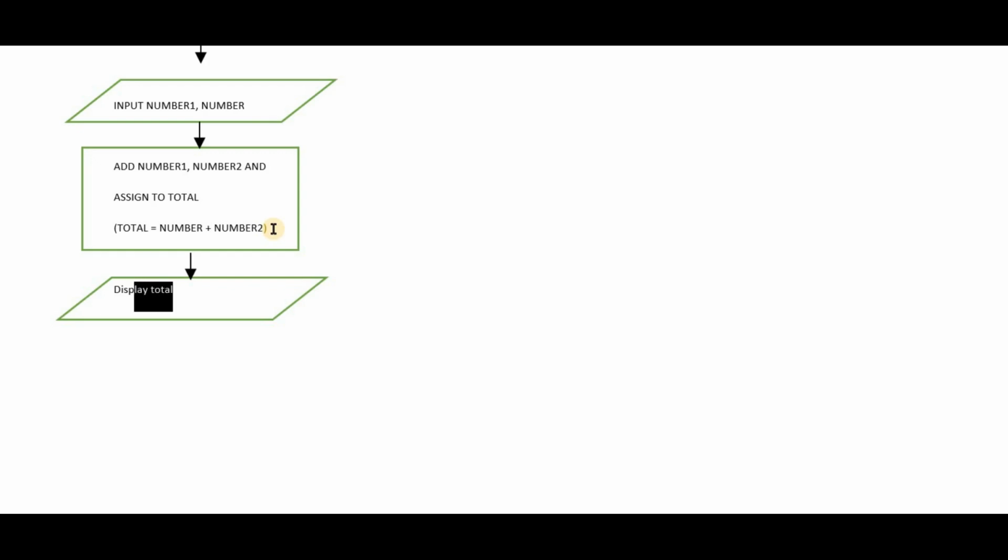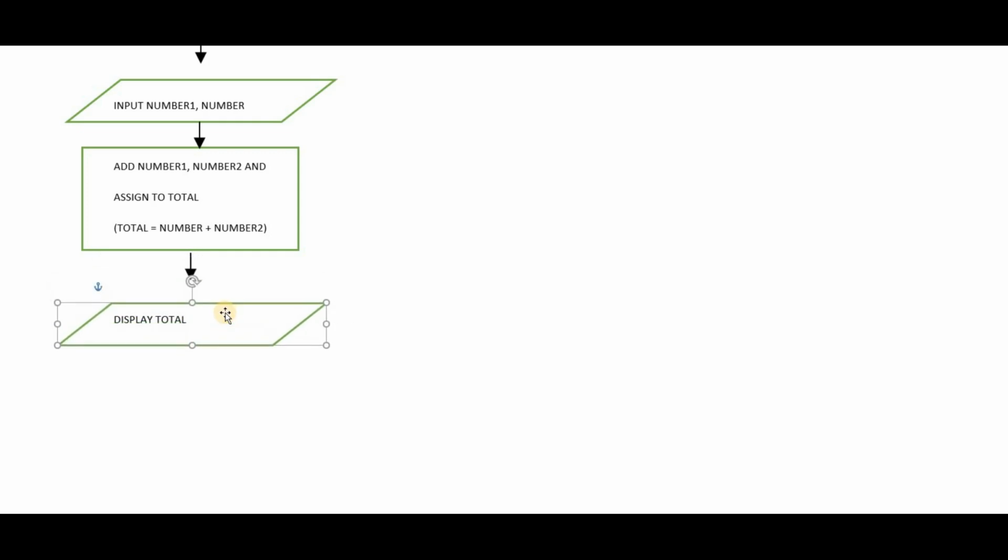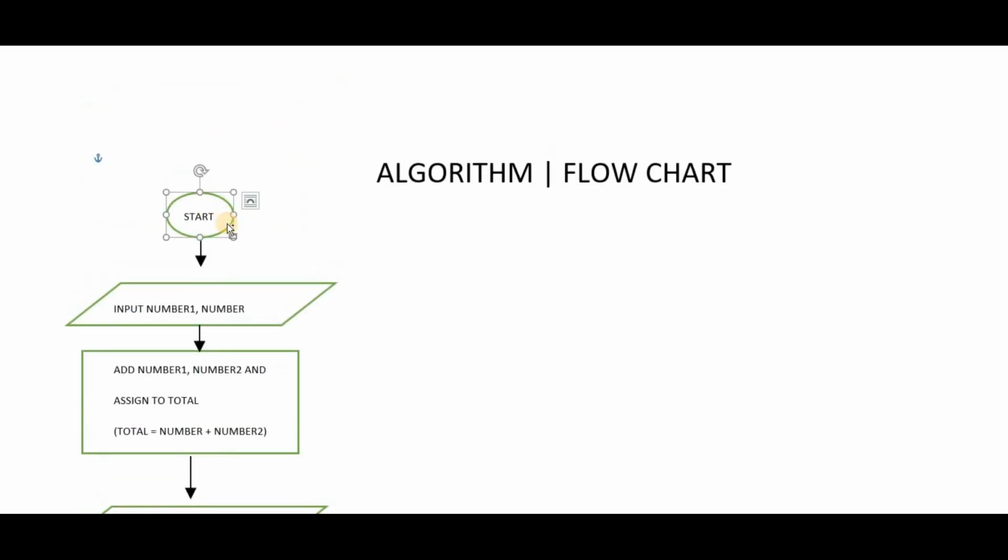And after displaying, meaning we are actually done. So after displaying the result, what are we supposed to do? Now if you display the result, we need to end the program.